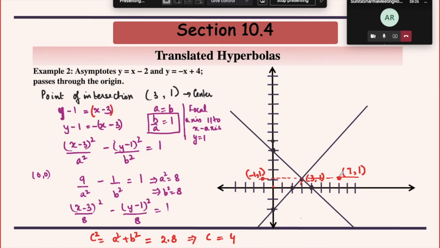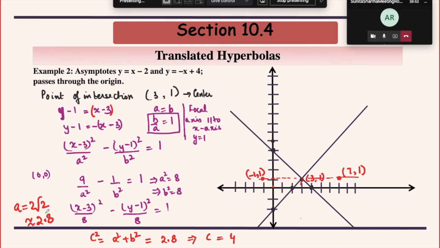These are your two foci, and a square is 8, which means a is root of 8, which is 2 root 2. So you will have to approximately mark it. 2 root 2 is approximately, how much is the value? 2.8 approximately.